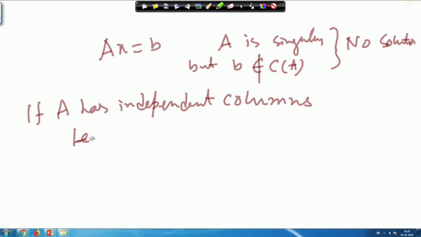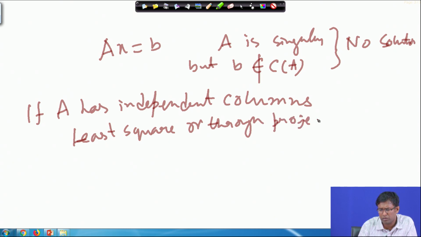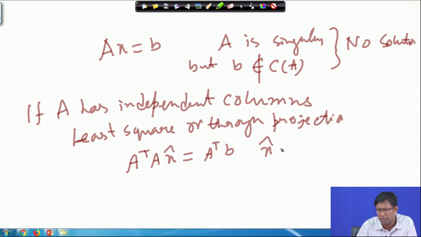But we can consider the case where A has independent columns, and through least squares or through projection, we get the equation A transpose A x tilde is equal to A transpose b, and this x tilde is the best estimate of x.